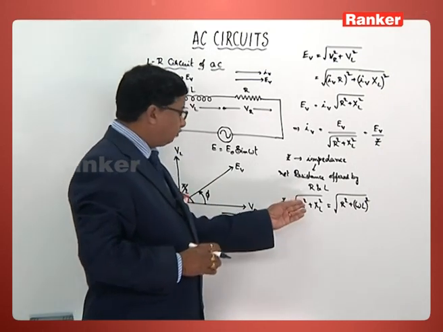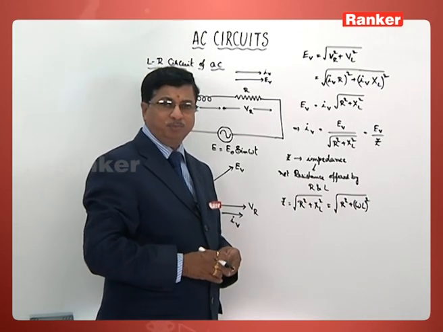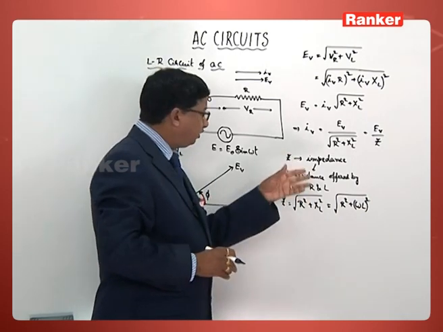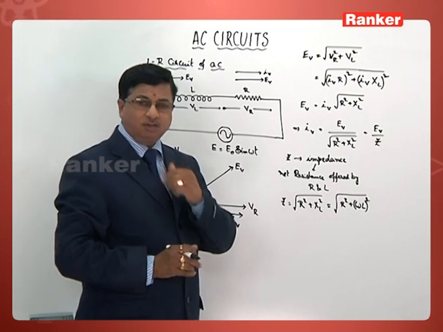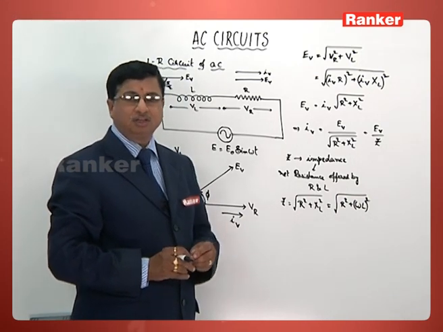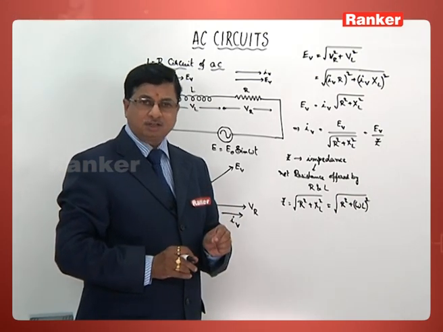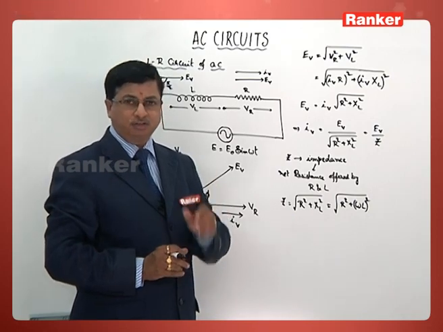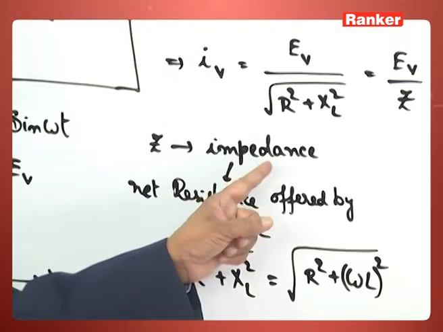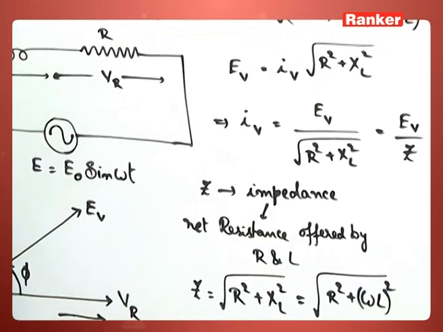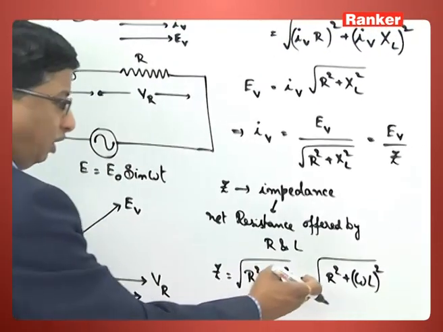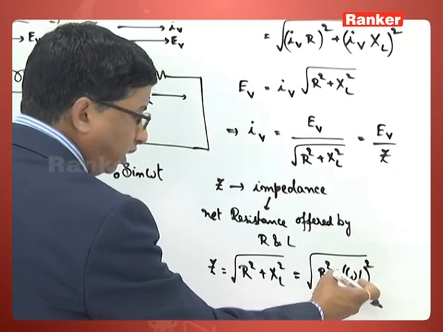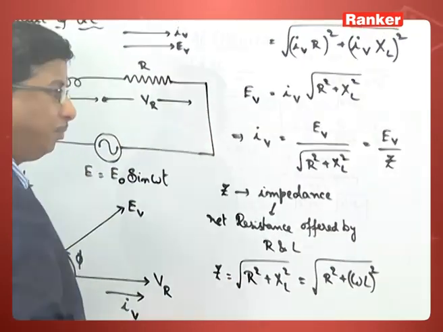So this also is to be termed as resistance only. That is the net resistance offered by the total circuit, consisting of one inductance and resistance connected in series. That itself we are giving as impedance. So Z is equal to root over R square plus omega L whole square, also we can write.